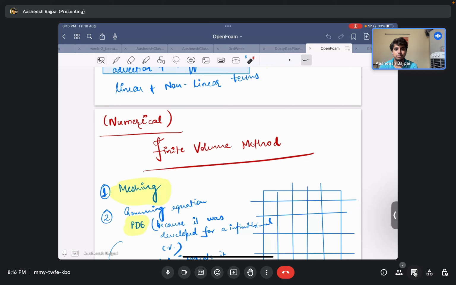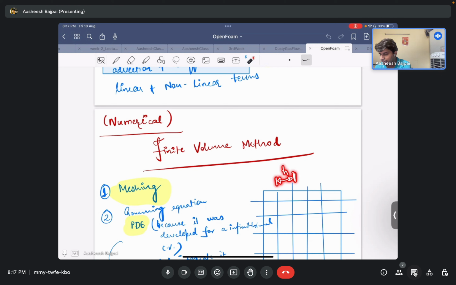Partial differential equations are defined for a very small domain or control volume, and when we convert them to algebraic equations, solving them over a larger domain will give the wrong result because of the approximation, which is the h.